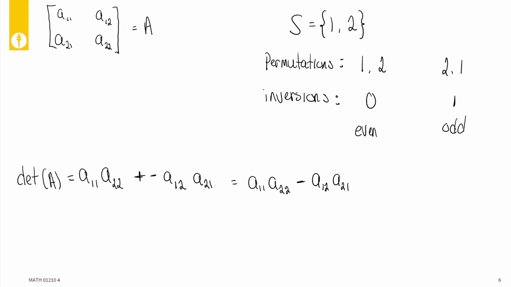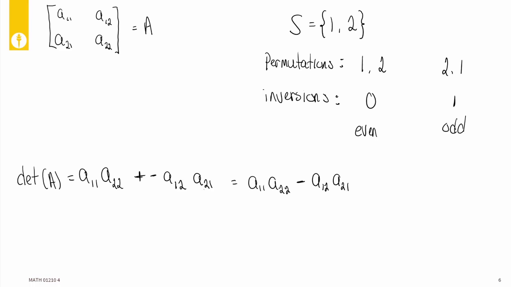And notice what that is, how you would evaluate it: A11 times A22 minus A12 times A21.